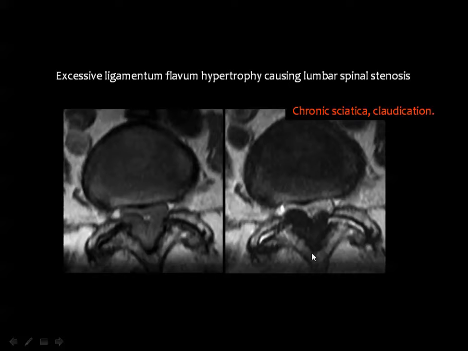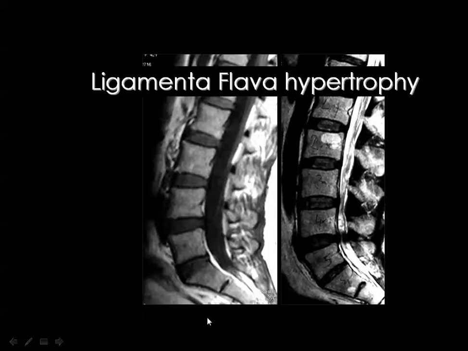Actually, if you measure the diameter of the spinal canal, it may be normal, but the thecal sac is markedly compressed and flattened against the posterior border of the vertebra, and most of the spinal canal is occupied by this very dark structure representing the hypertrophied ligamenta flava.